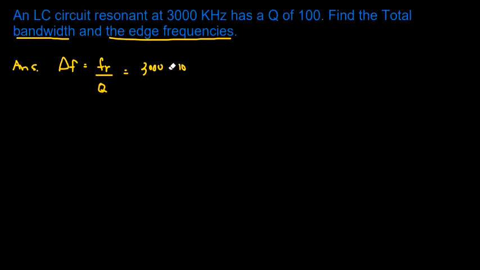Pwede nating i-as is lang na kilohertz. Okay? So, over sa Q na 100. Kapag input natin sa calculator yan, ang sagot na makukuha natin is 30 kilohertz. Okay, so ito ngayon yung ating bandwidth.